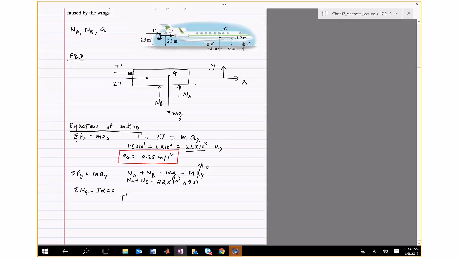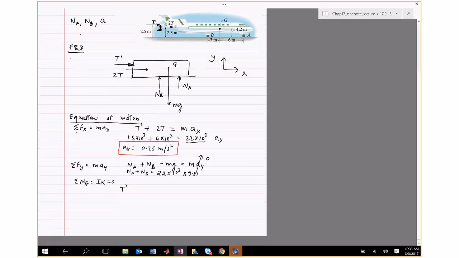So that's going to be 2.5 minus, so the 2.5 is the distance from the ground, and 1.2 meters is the distance from the ground to G. So the net difference, or the distance from G to the point of application of T prime, is 2.5 minus 1.2, right? 1.3. So 1.3.